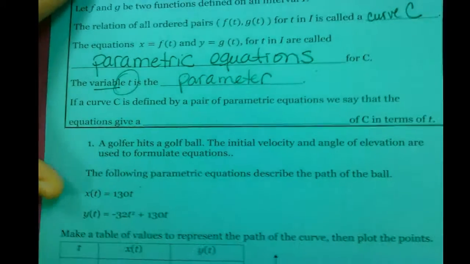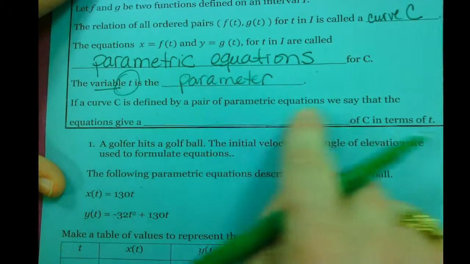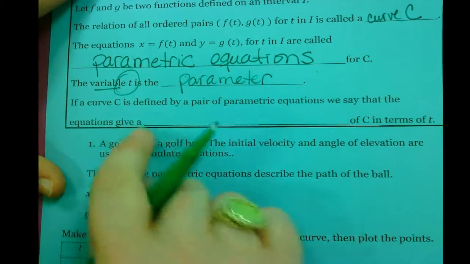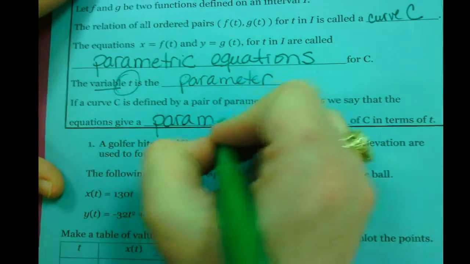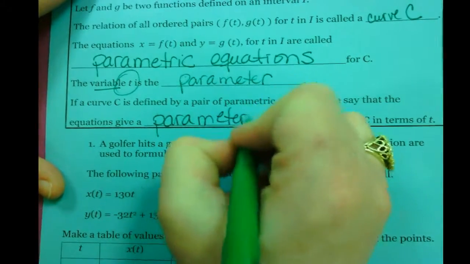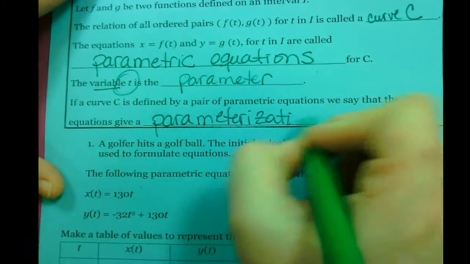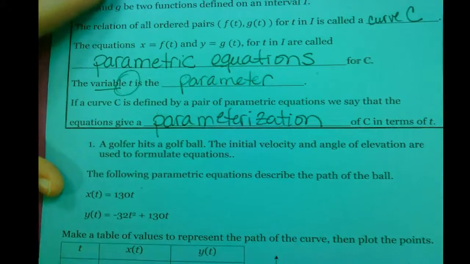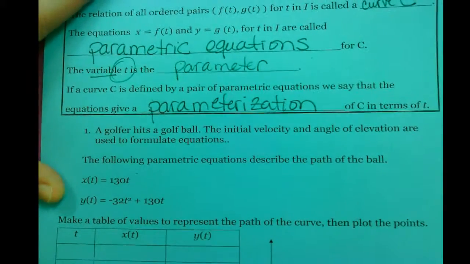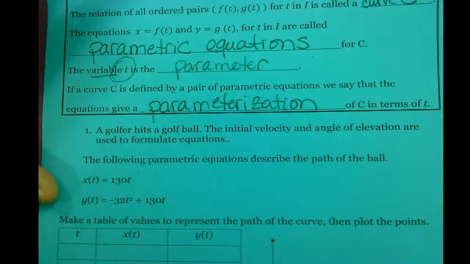So if a curve C is defined by a pair of parametric equations, we say that the equation gives a, here's a $5 word for today, parameterization. It's just a different form of the word parameter, but it makes it sound smarter. Right? Gives a parameterization of C in terms of t.